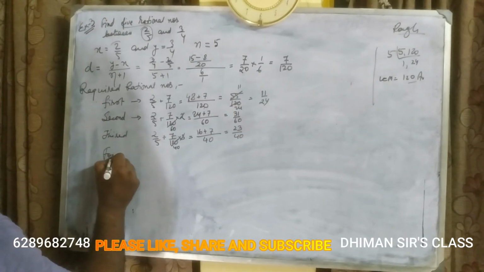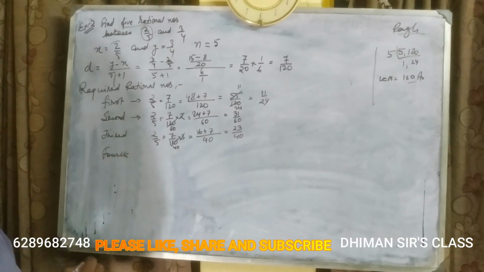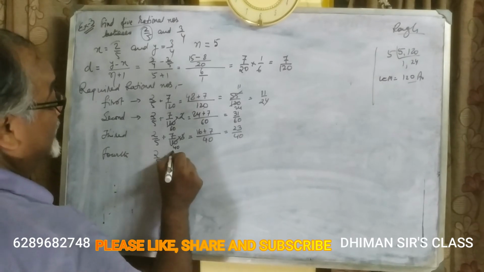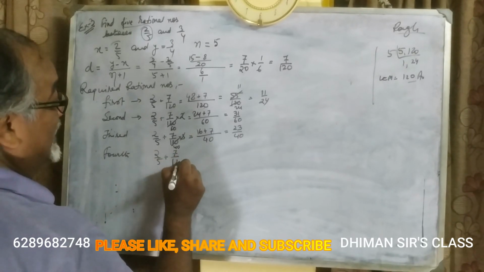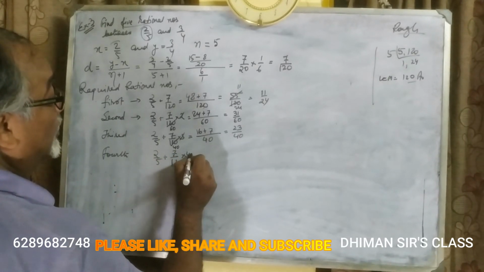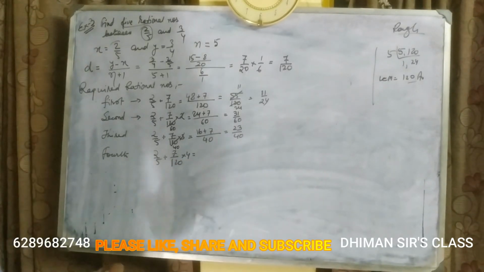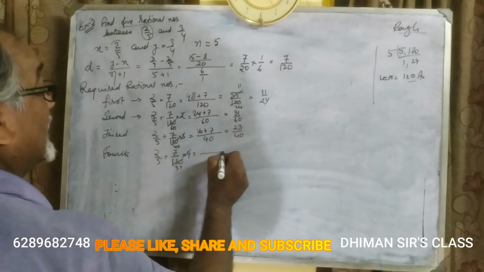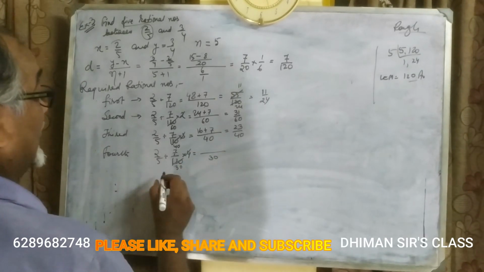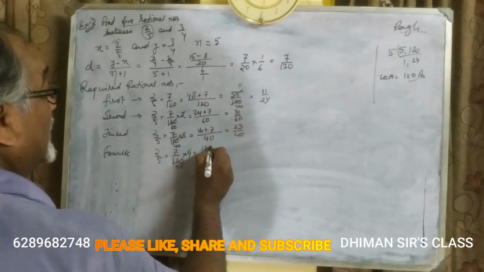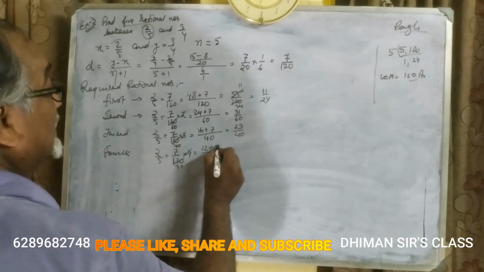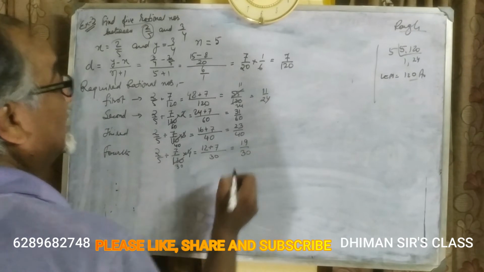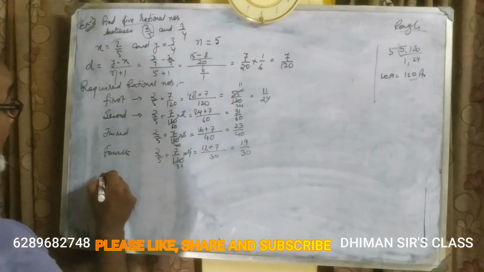Fourth will be again 2 by 5 plus 7 by 120 into 4, equal to 7 by 30. LCM 30, 6 2s are 12, plus 7, 19 by 30.